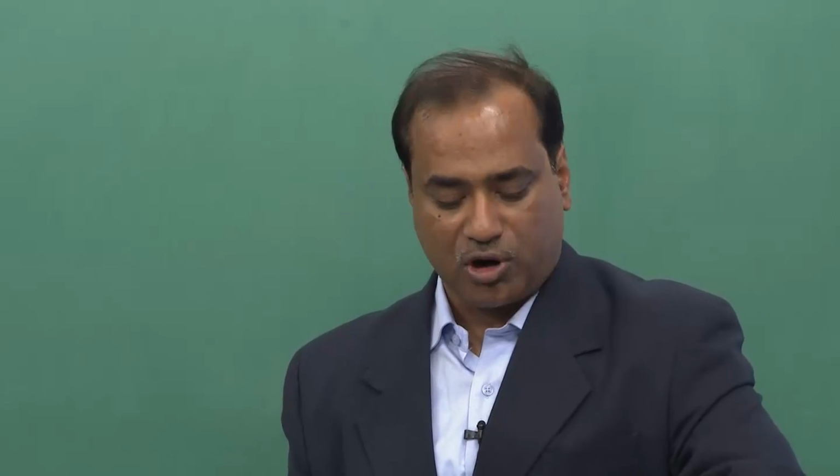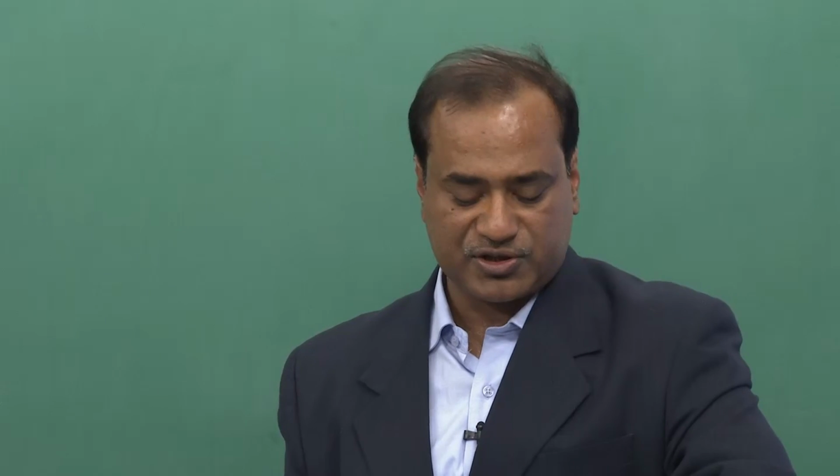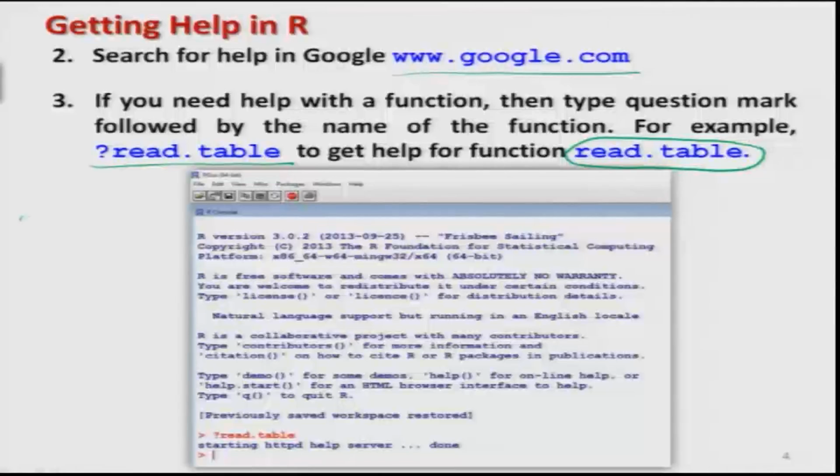So suppose I want to obtain some help on the read.table function. What I have to do is simply write a question mark, and after this type the function name. For example, here I have done question mark followed by read.table.